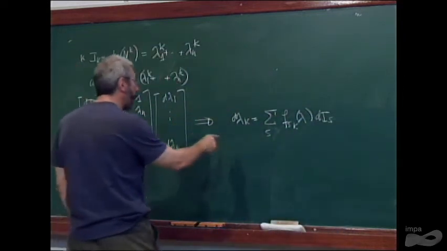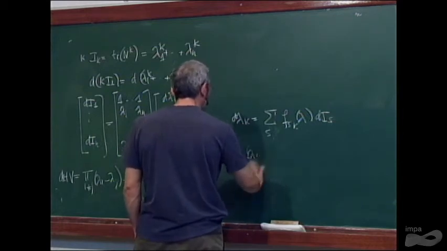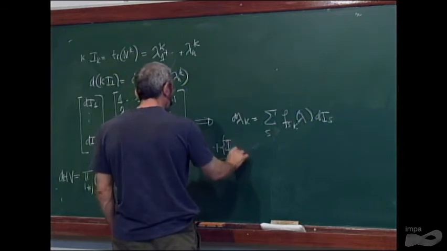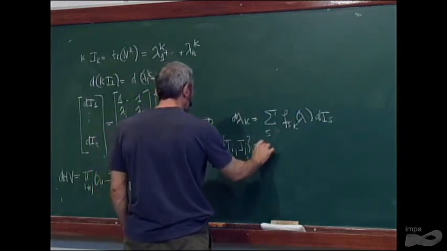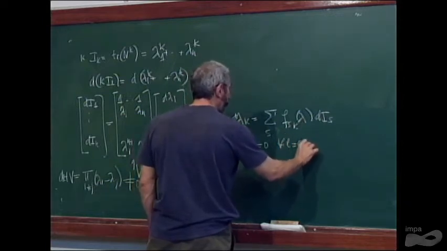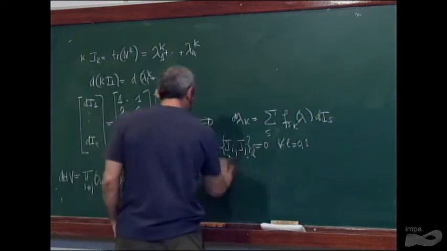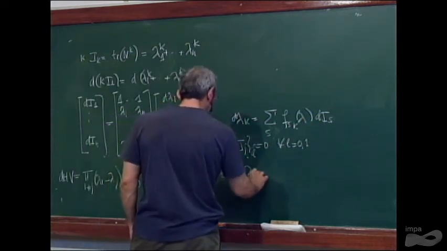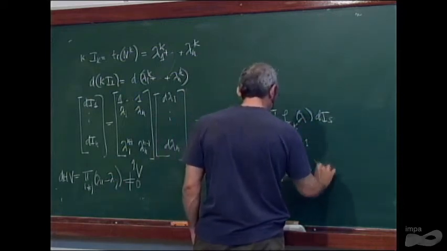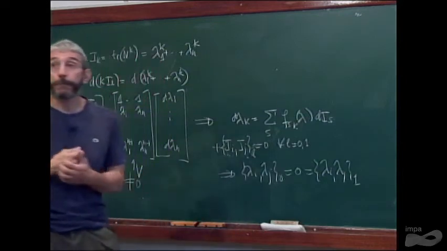And then from this relation here, plus the commutativity of the Poisson bracket, it is very simple to prove that {lambda_i, lambda_j}_0 is equal to 0 and {lambda_i, lambda_j}_1 is also equal to 0.